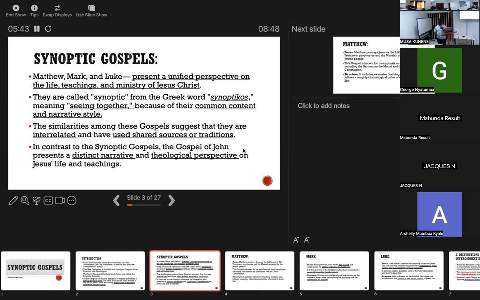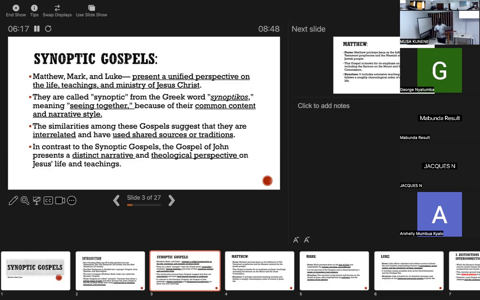Matthew, Mark, and Luke are called synoptic because they present a unified perspective on the life, teachings, and ministry of Jesus. The word synoptic itself is from the Greek word synoptikos, which means seeing together.